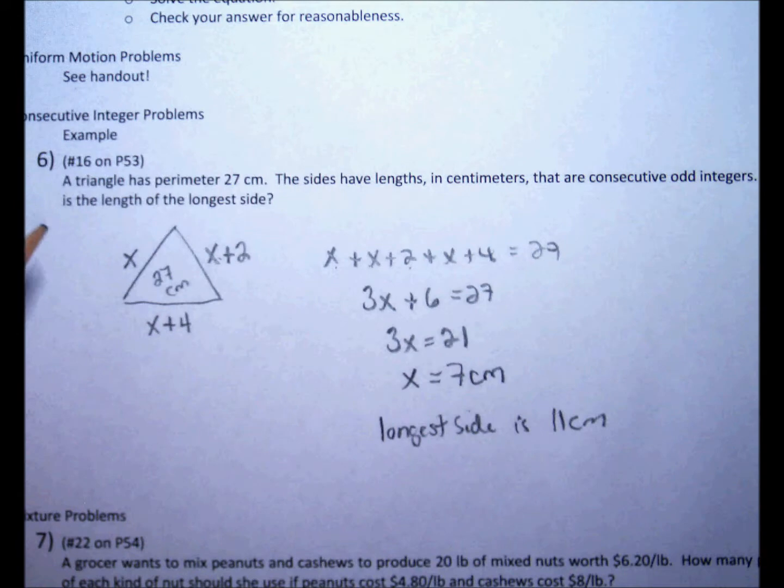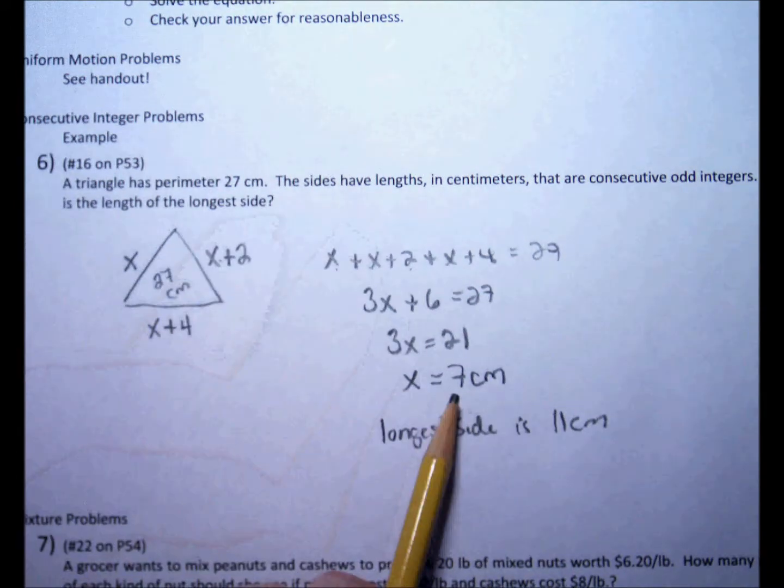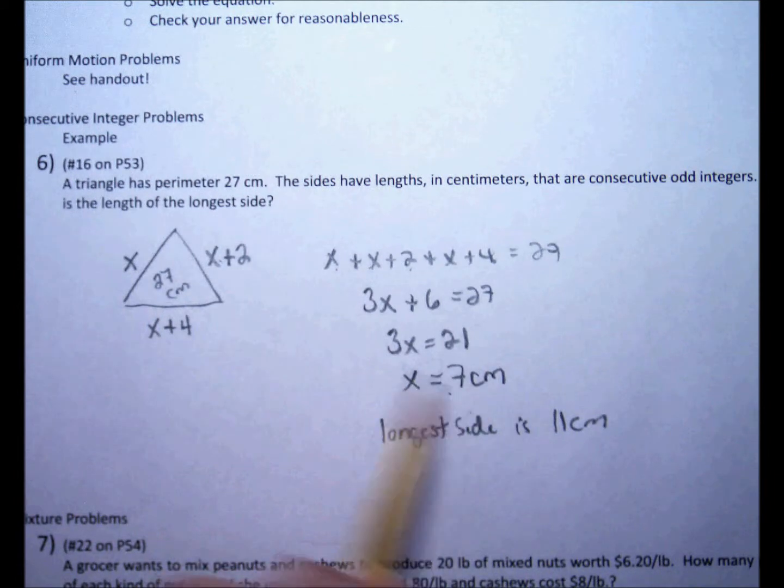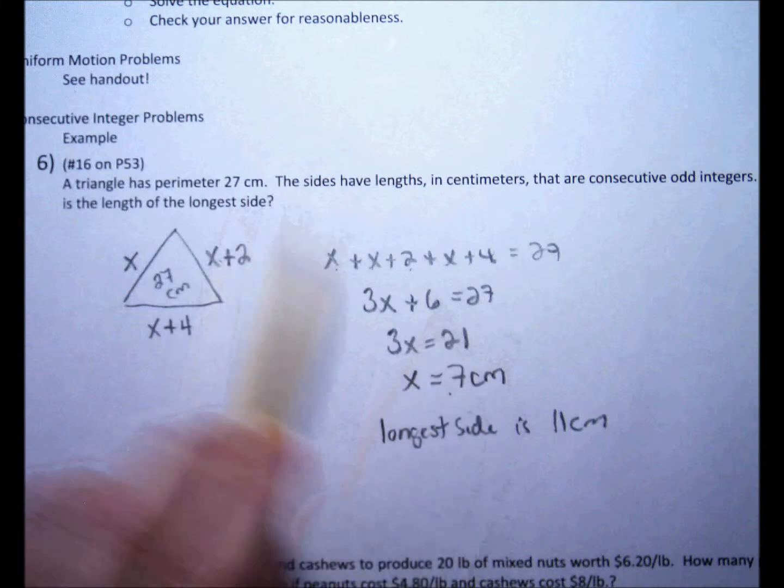Now, was that the question? No, it was not. We have not yet answered the question, what is the length of the longest side? Well, the longest side is x plus 4, so the longest side is 11 centimeters.